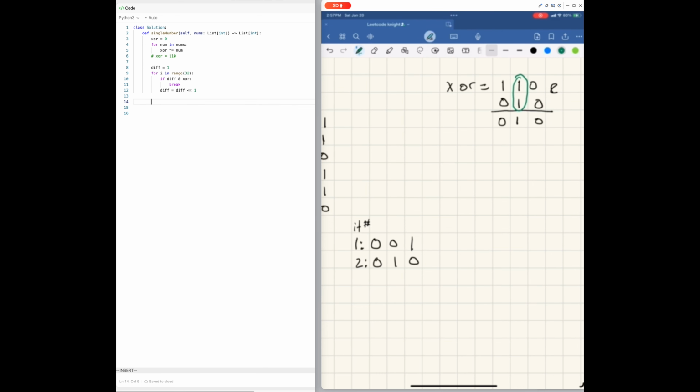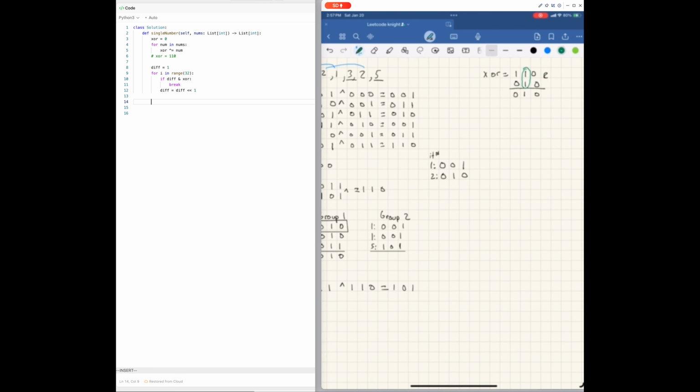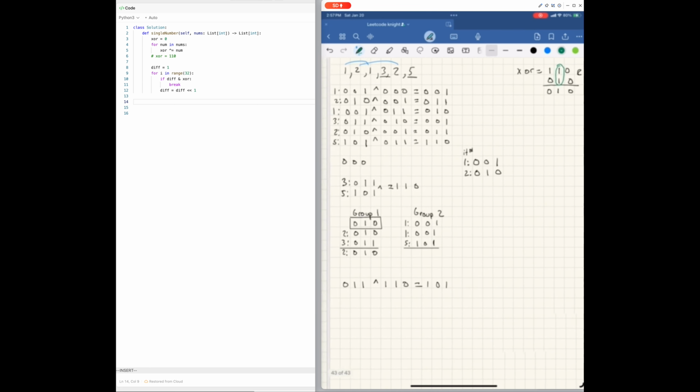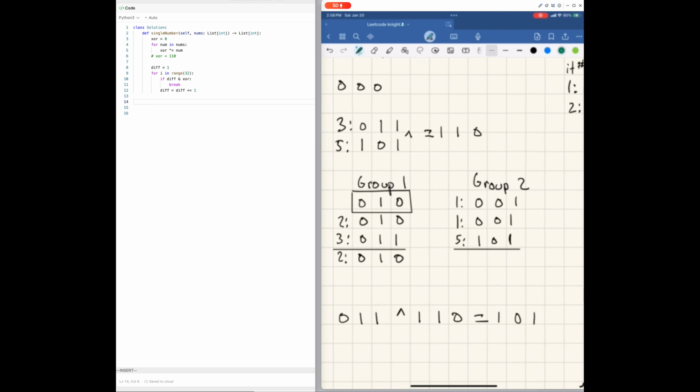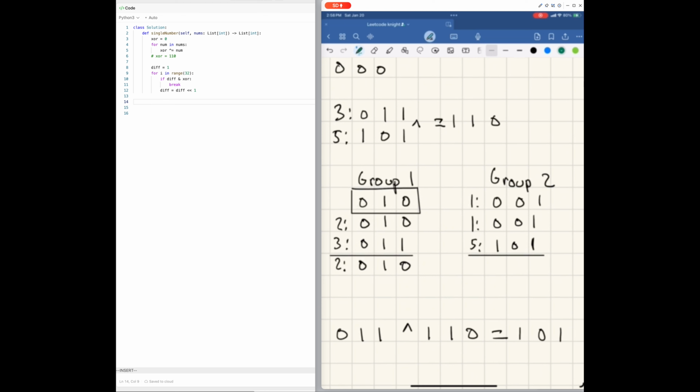All right. And then now what do we have to do? Now that we have this number, which represents, remember this, the 010. Well, we have to group it, right? How do we do that? So let's say group. We go through every number in the nums. Similar concept, right? We have the and.